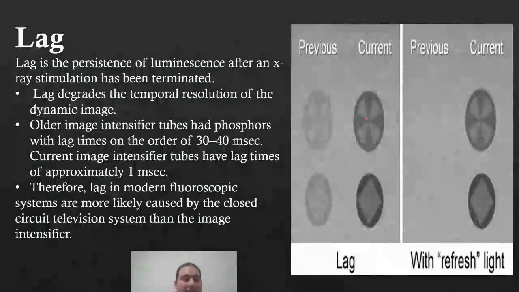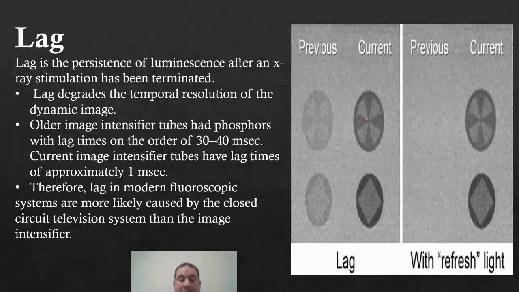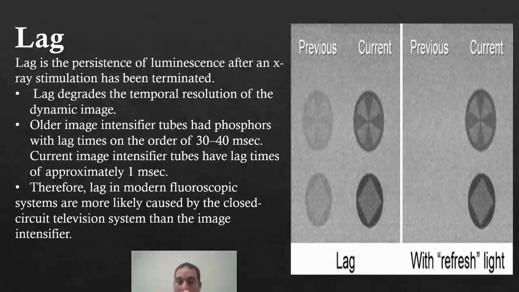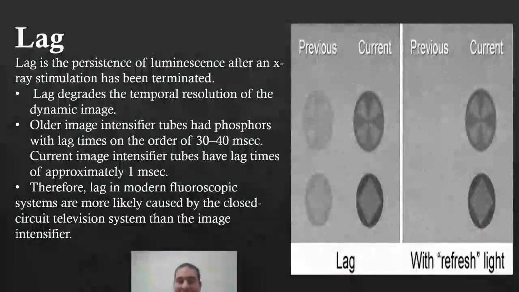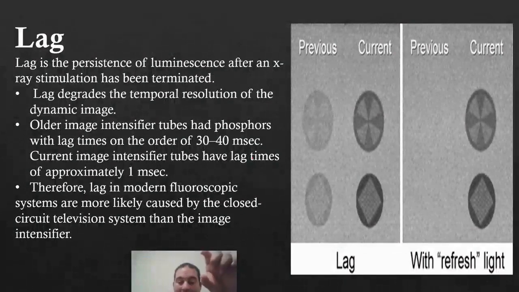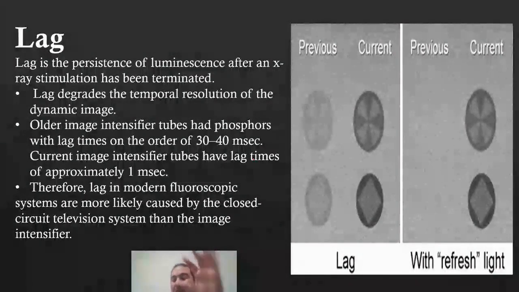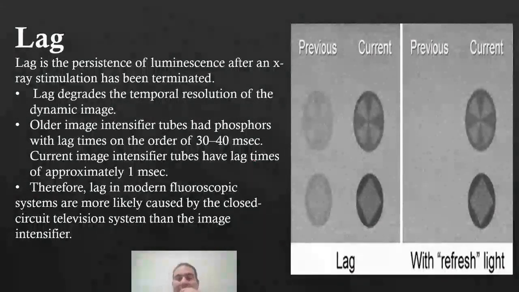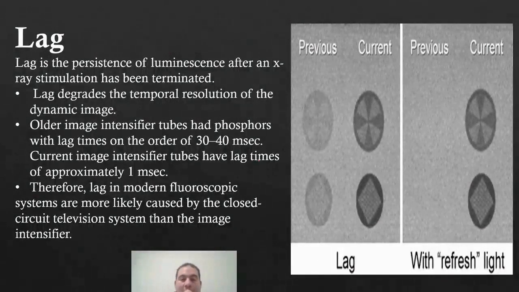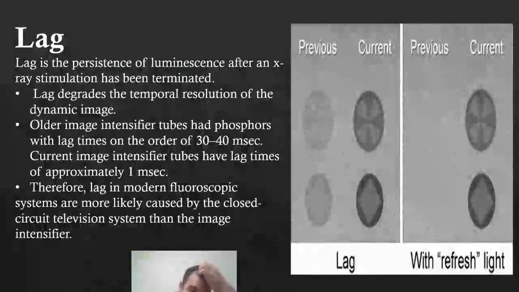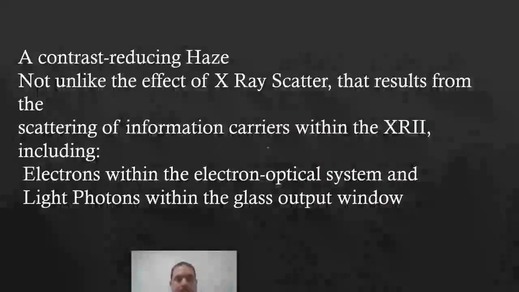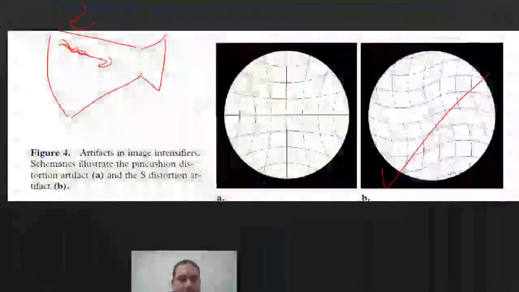So, I have two sources of lag, one that may depend on the signal coming from the image intensifier, and the second type I mentioned could be caused by the video system or the circuitry in the television. As I explained earlier, if there is a problem with the incoming signal, this issue can be resolved. Now, I want to explain something important here.